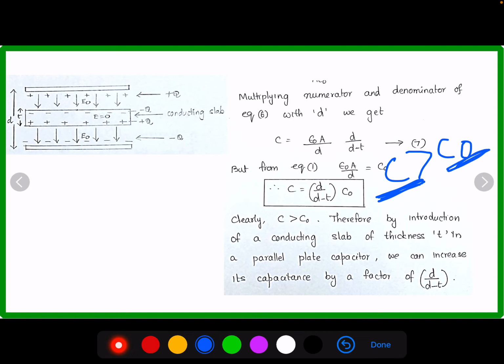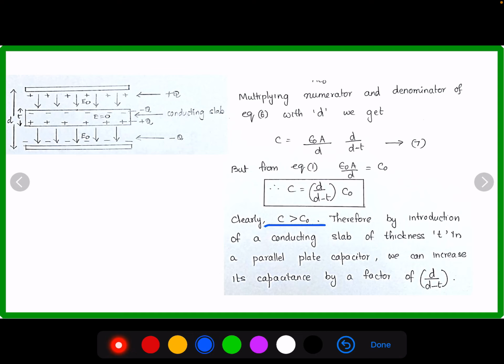C naught means capacitance of the parallel plate capacitor with vacuum. Now which is more? Clearly the capacitance with conducting slab in between the plates is greater than the capacitance with vacuum in between the plates. That is, C is greater than C naught.